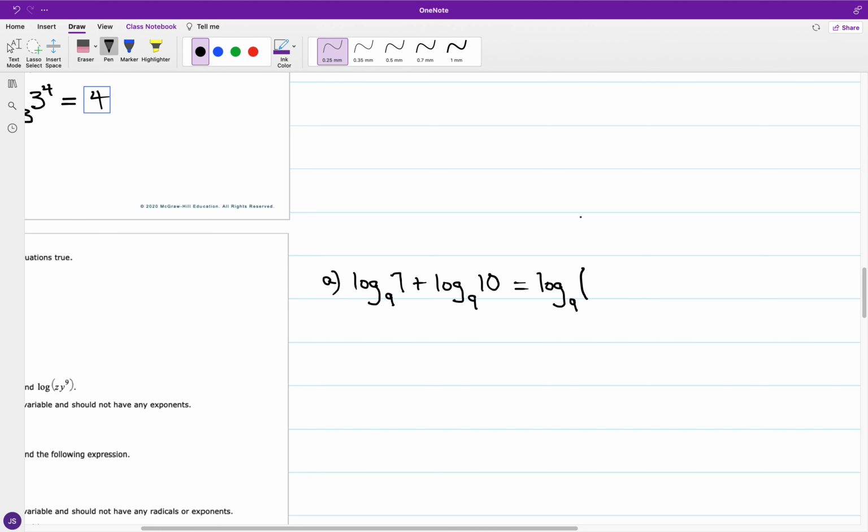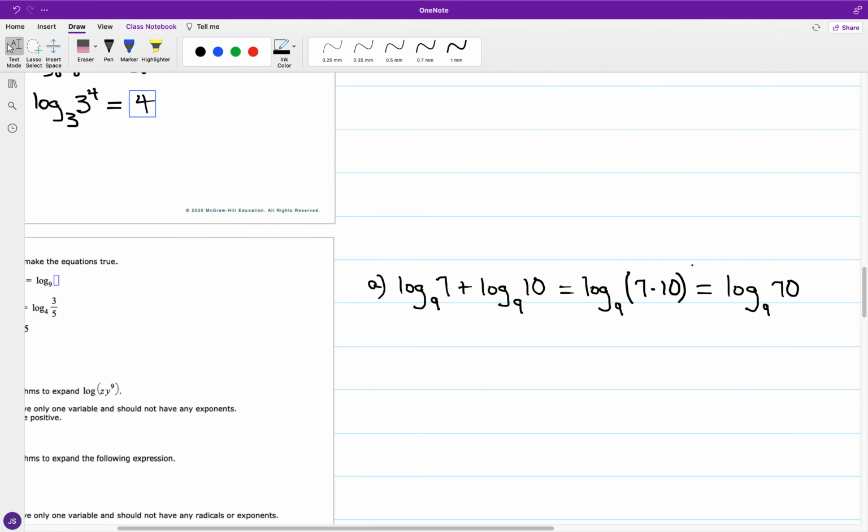With the attachments 7 and 10, the sum gives the base 9 logarithm of 70. So 70 is the missing term for part A.